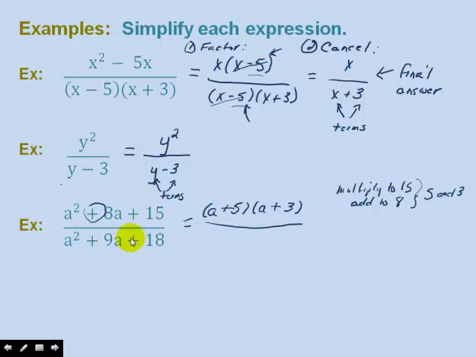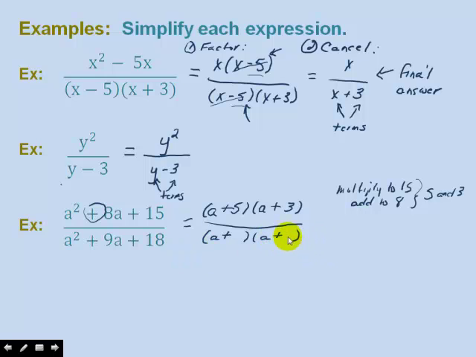Now in the denominator, again, we've got a trinomial to factor. So we've got a and a. Our first sign here is a plus, so we're going to make this first sign a plus. And since our second sign is plus, that means that these both have to be the same, and that makes this a plus also.